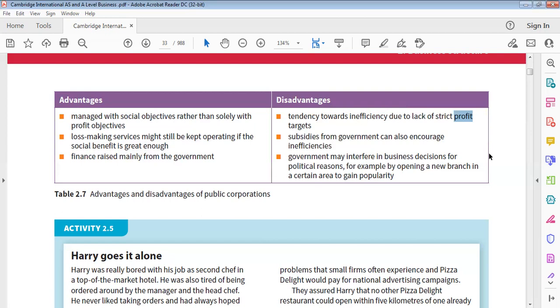Maybe you'll see that the doctor is playing some games, and then he will just look at your face and give you some medicine without actually asking you any question. So in a public company, in most cases, the service or the goods are not very good because they're inefficient.